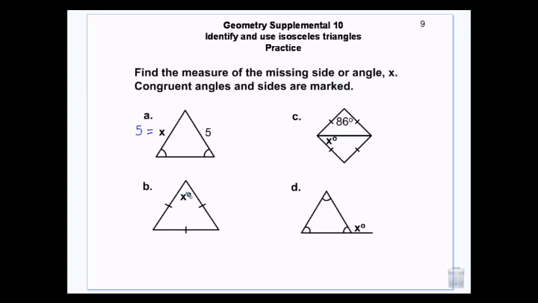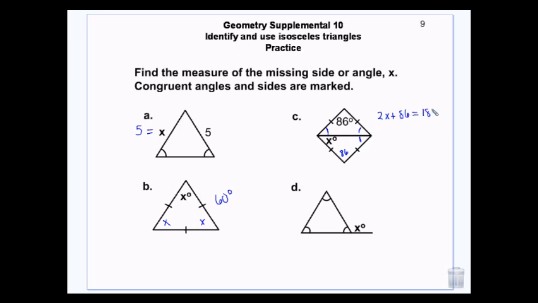Okay, if I have an equilateral triangle, what does that tell me about all the angles? They're the same, and if they're all the same, they're 60. C, if these are all the same, that means all four of these angles are the same. And then that means these two are going to be the same. And there's two x's here, right? 1x, 2x.